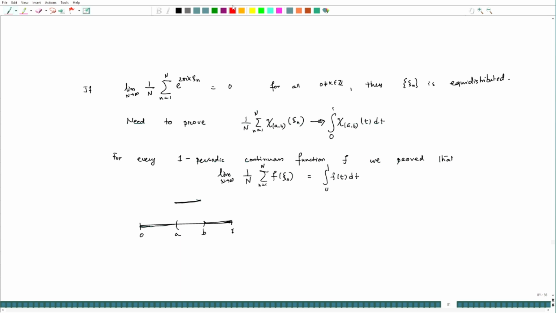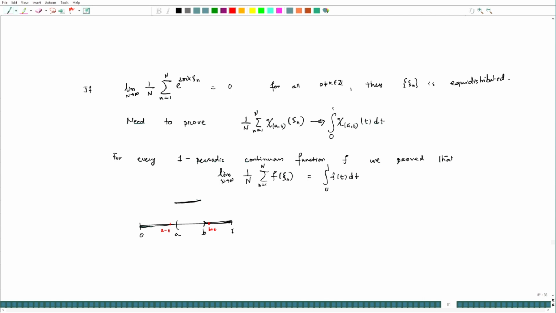Depending on the position of a, because a is strictly bigger than 0, I can find some epsilon such that a minus epsilon and b plus epsilon lie inside the interval 0 1.